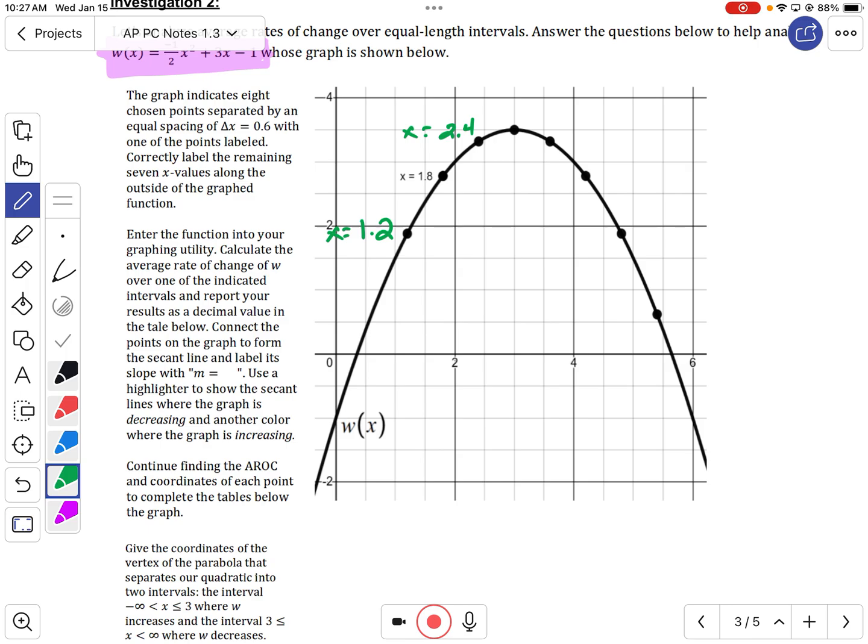I need to look at it. Yeah, it starts at 2. I had to do it like 6 times.